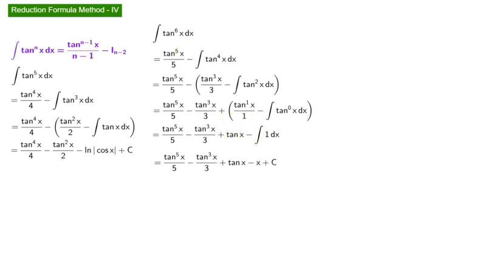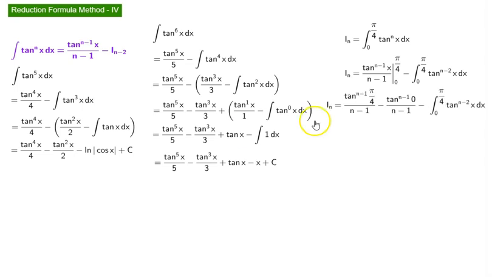Now, let's again look at the definite integral. So we have the integral from 0 to pi by 4 of tan to the power of nx dx. Applying this formula for the definite integral, we get tan to the power of n minus 1 x by n minus 1 from 0 to pi by 4 minus the integral of tan to the power of n minus 2 x dx from 0 to pi by 4.